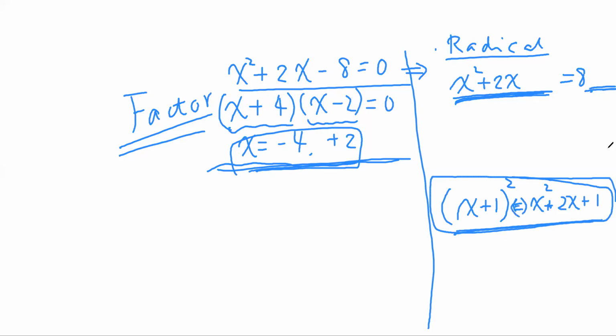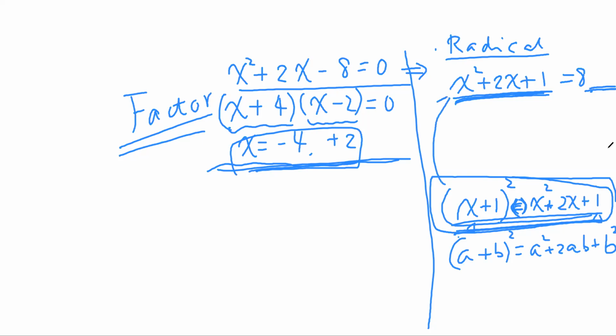This needs to be very familiar in your mind. (A plus B) squared equals A squared plus 2AB plus B squared, right? We talked about this a lot. So let's look at this one.